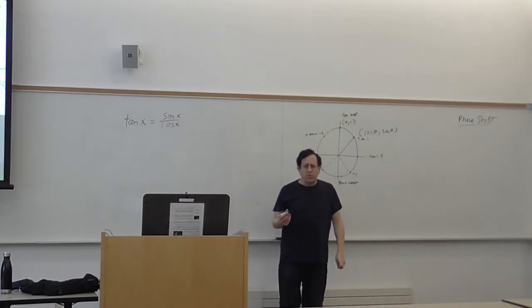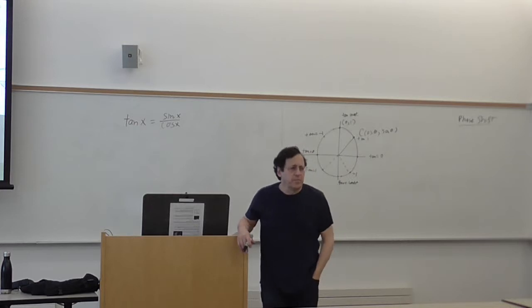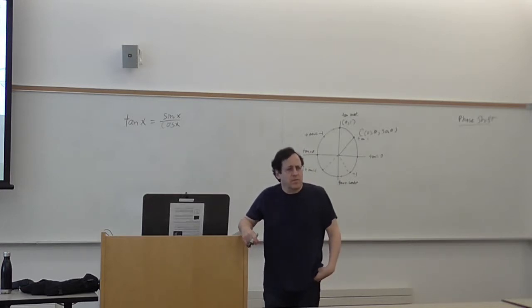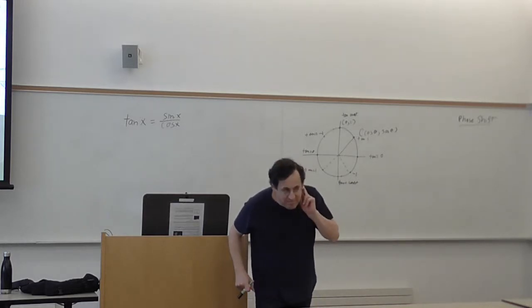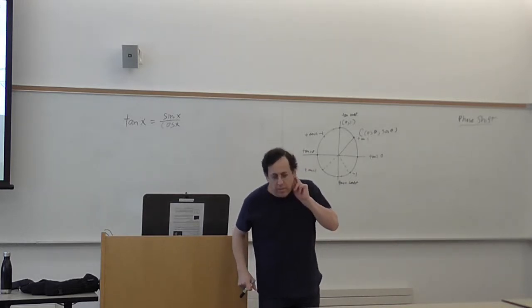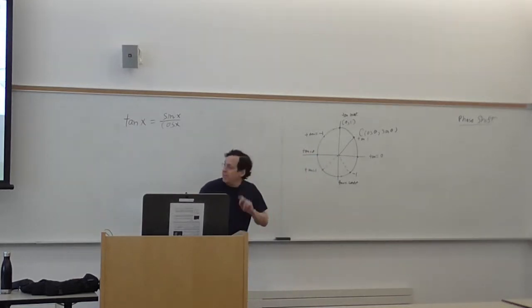What does that tell me about the period of the tangent function? The period is pi. It's half the period of the sine and the cosine.